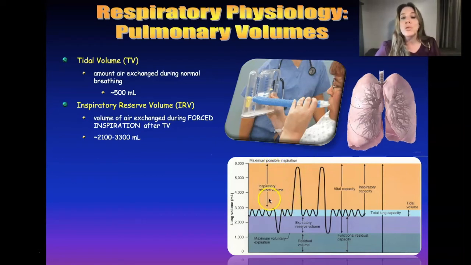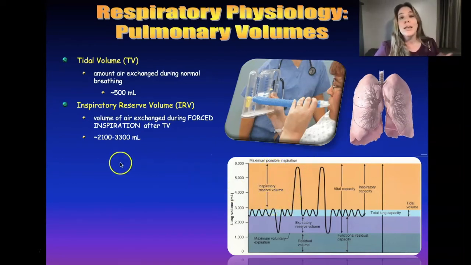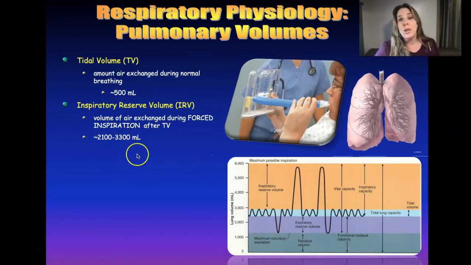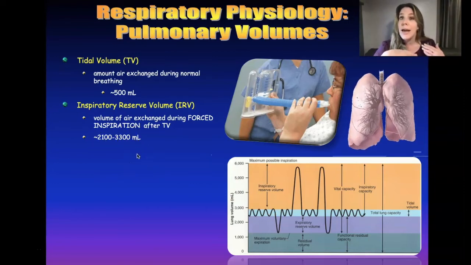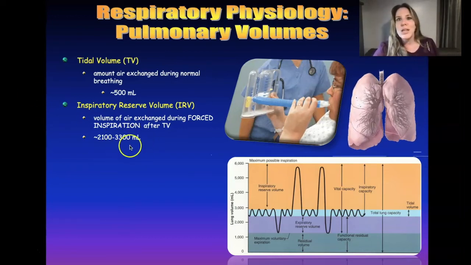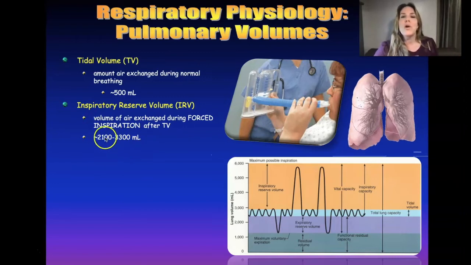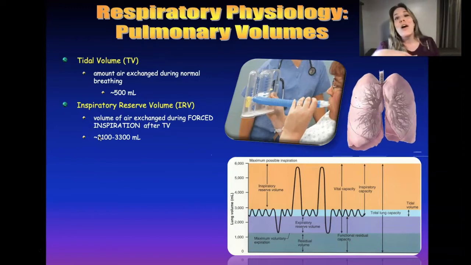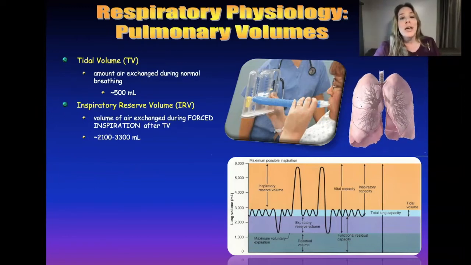So that's our inspiratory reserve volume, and it can range from 2,100 to 3,300 milliliters of air inspired after our normal breathing. Different books say different numbers, as you'll see on the next graph, but in general, somewhere around there. And it should be noted that females tend to be lower on the end and males higher on the end of total air exchanged.